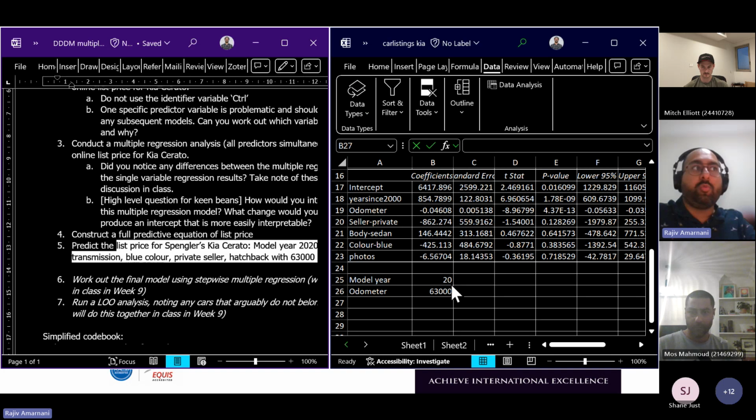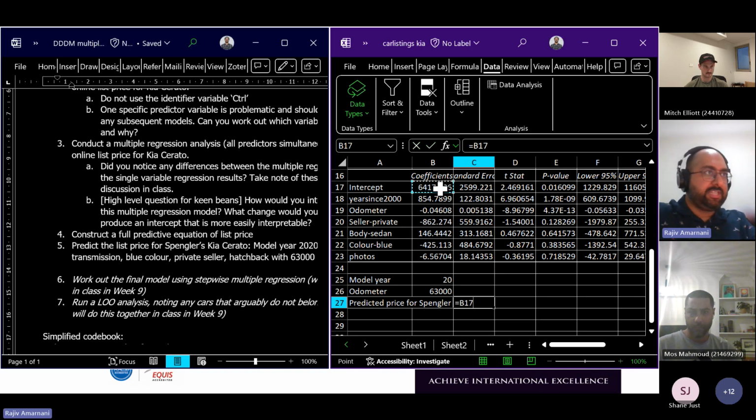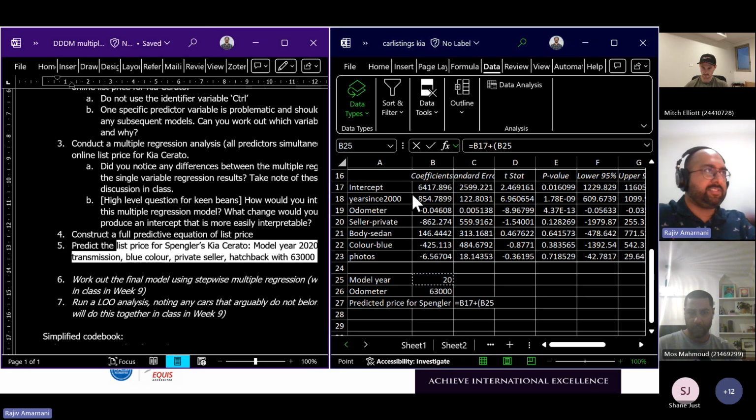So this is all we need to put together our predictive model. So predicted price for Spengler, this is the intercept plus 20 years since the year 2000. That's how we rescale this variable.